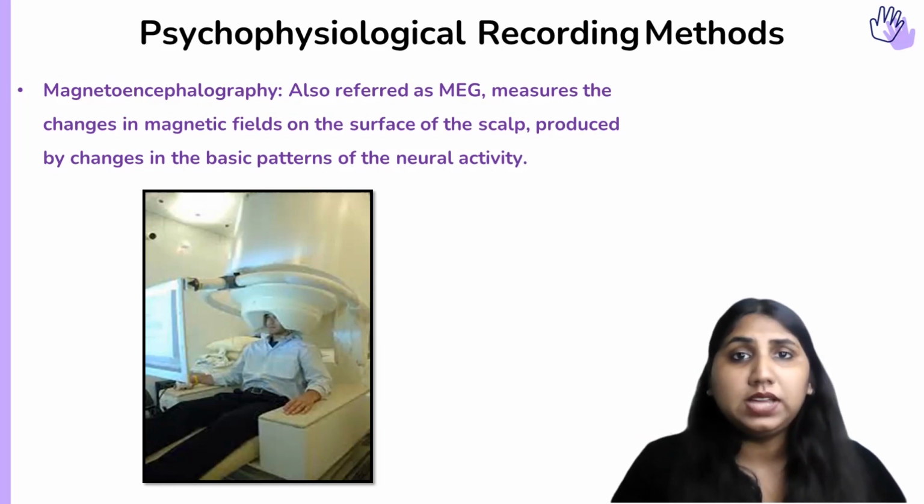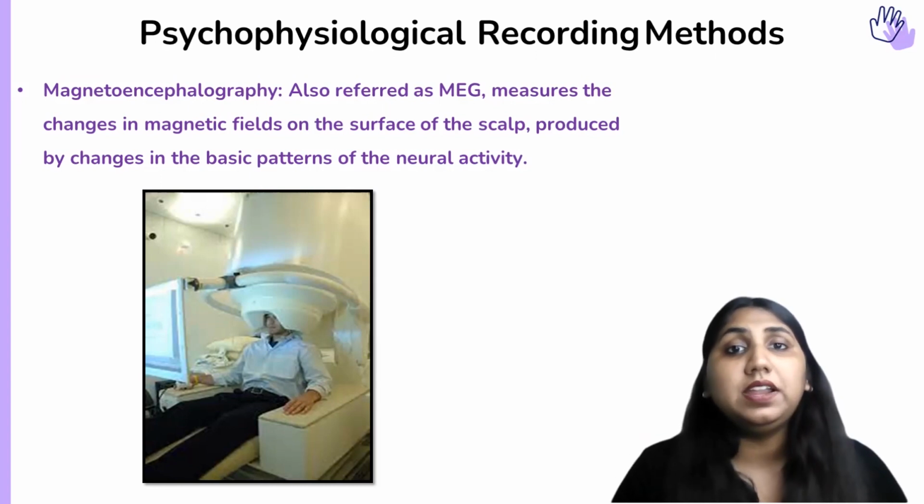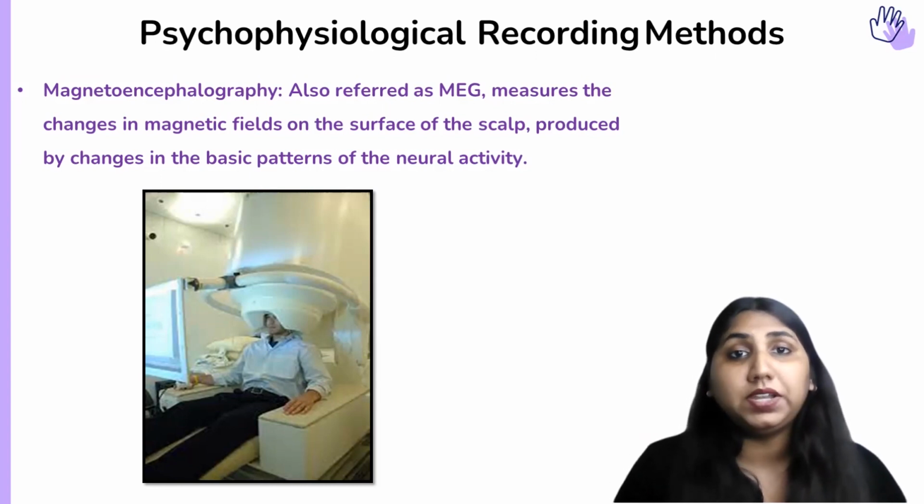But in some cases, we can cause changes in the magnetic field by presenting an opposite magnetic field. So that is a similar approach which is followed in this particular method of recording brain activity, by creating changes in the basic neural activity and then understanding the brain functioning. All right, so that is what MEG is all about.